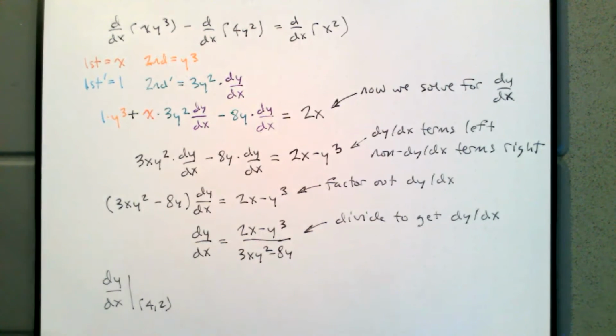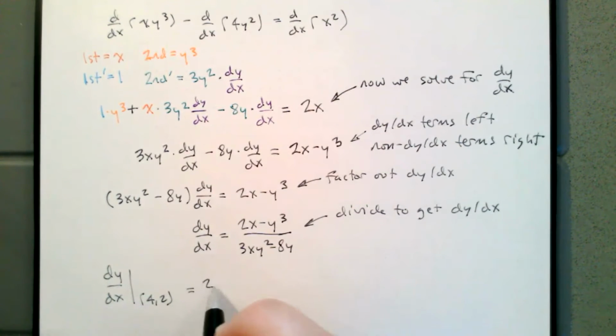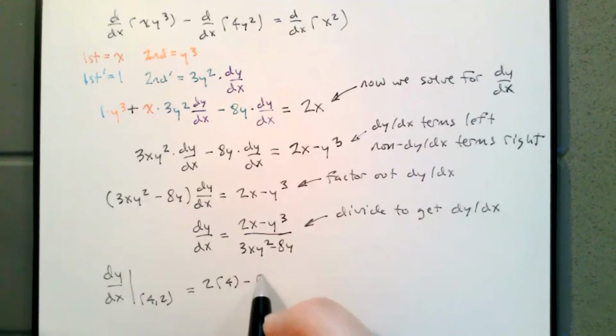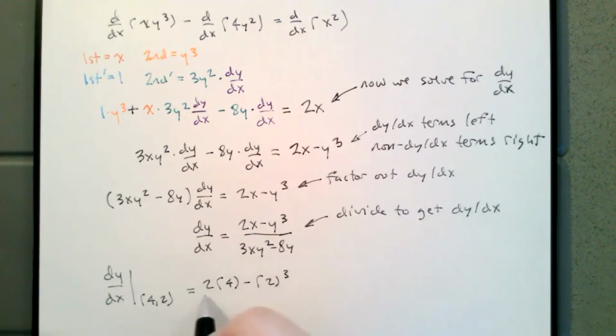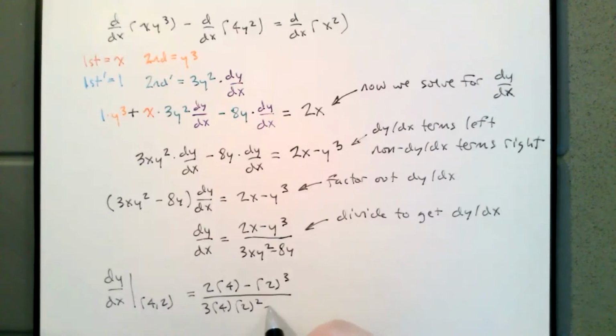So x is 4 and y is equal to 2. So 2 times 4 minus 2 cubed over 3 times 4 times 2 squared minus 8 times 2.